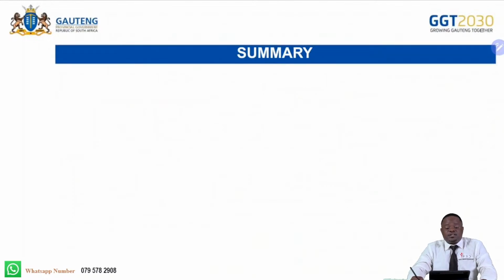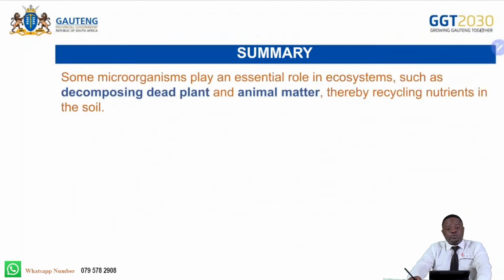Right, that brings us to the end of our lesson for today. So what did we learn in our lesson today? In general, we spoke about the role of microorganisms in our ecosystems, which we said they are decomposers playing an important role in the recycling of nutrients in our ecosystem.